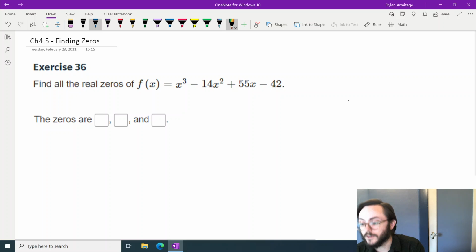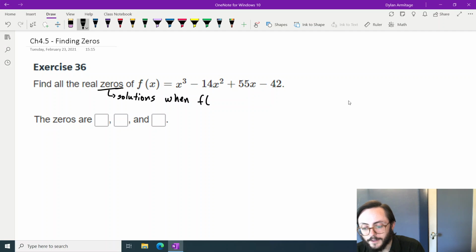Now, what's another word for zeros? Well, I hope you were thinking solutions, because that is absolutely correct. And it's solutions when f of x equals 0.